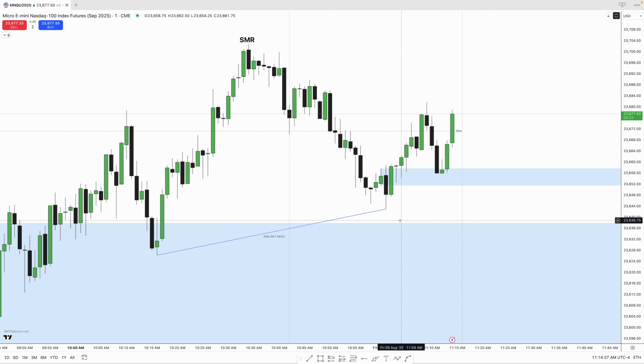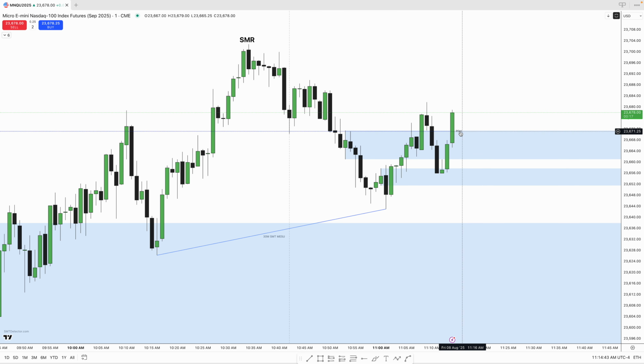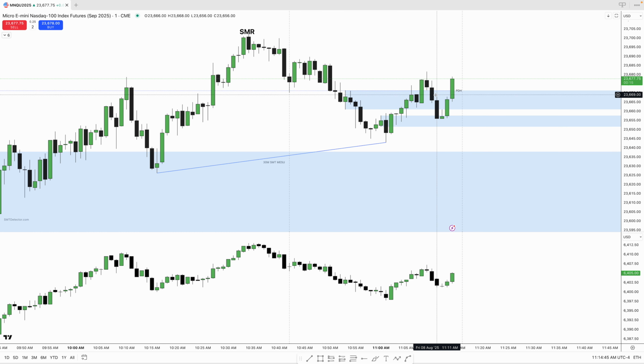So if I was long here, closing back above, now I would take a long on the retest. There's SMT on these lows right here. I don't know why it's not showing up though, but there's a tiny cycle SMT here.